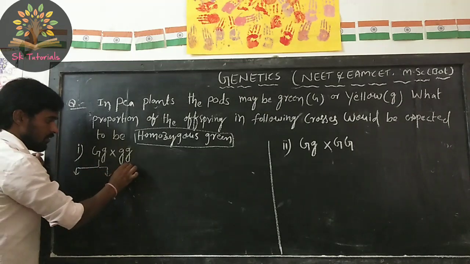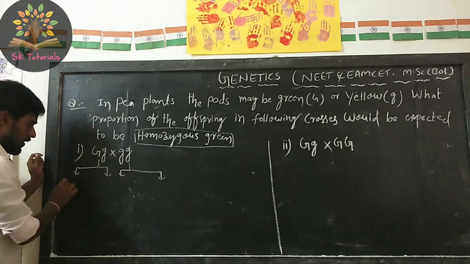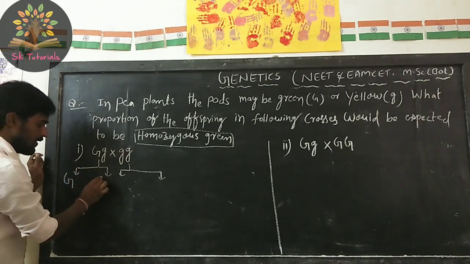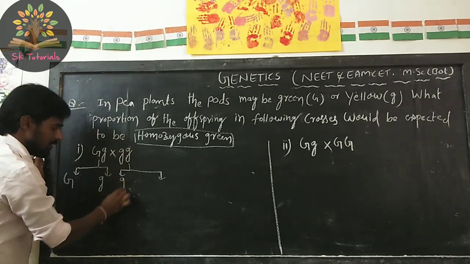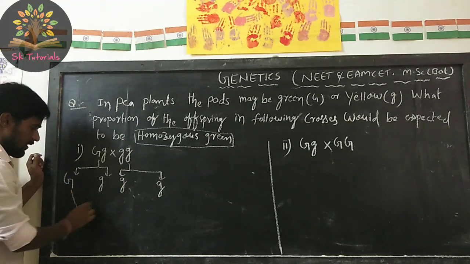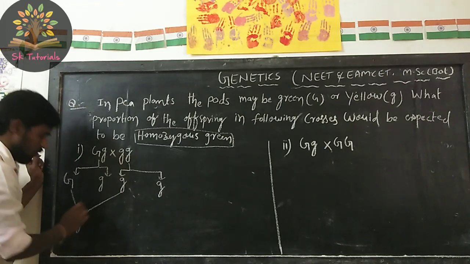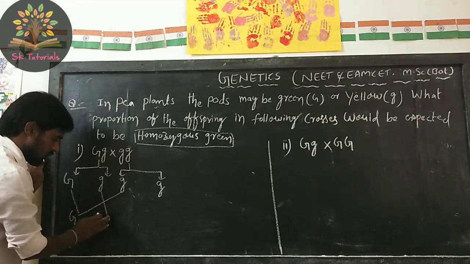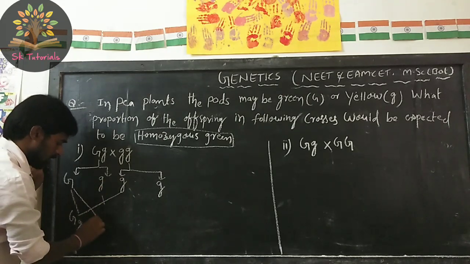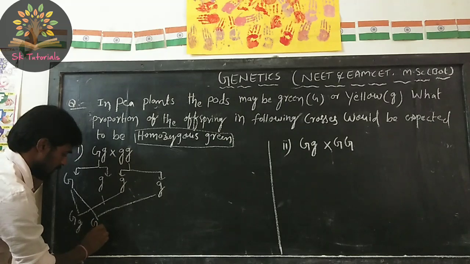The separation of gametes: capital G, small g, and small g, small g. See, what is this? Capital G, small g. Capital G, small g.